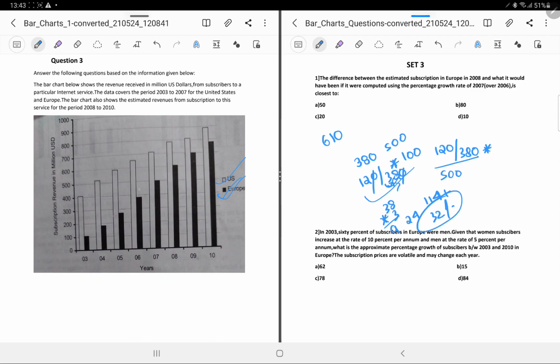So from 2006 to 2007, it was a 32% growth. If the growth was similar, 32% of 500 would be roughly 150 plus 2% which is 10, so this is 160. Now 160 plus 500, this is 660.